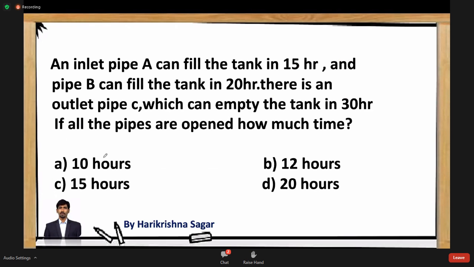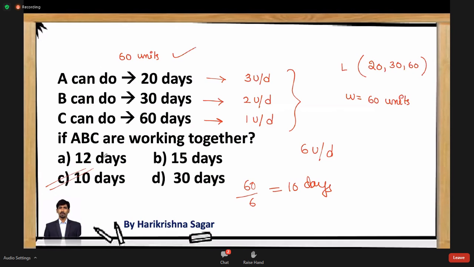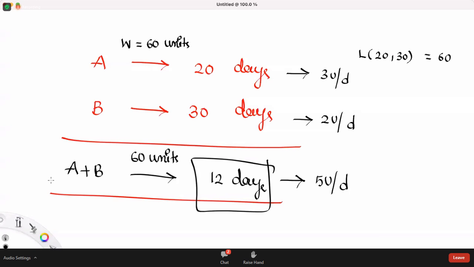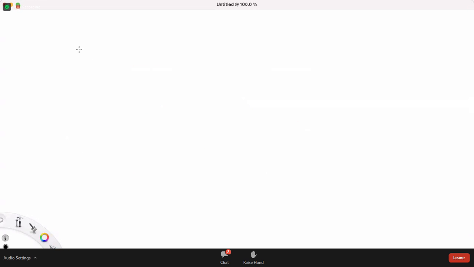If you are able to understand that, I will ask one more question. Can you please tell me what the answer for this question is? If the question is projected like this, A can do a work in 30 days of time. B can do the same work in 15 days of time.